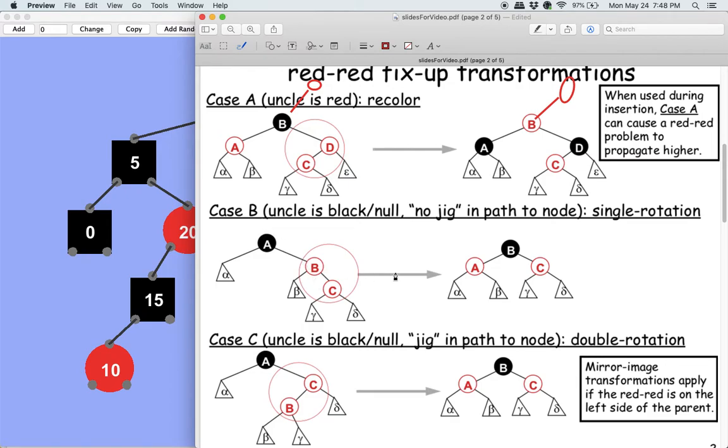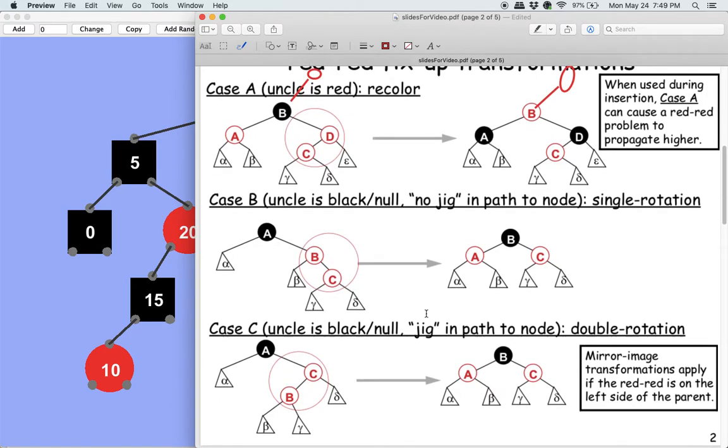Basically, the node that ends up being the root is colored black. And the node that was the root, that no longer is, A in this case, gets colored red. And so we end up going from here to here. And this gives us a tree of the same black height. The black height of this tree is the same as the black height of this tree, but it now has eliminated the red-red.